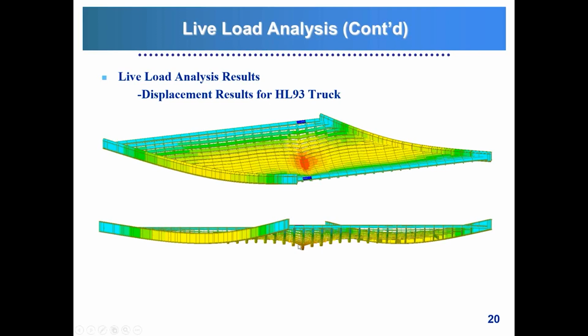So here we can see, by the sudden change in the slope of the dummy elements from this point to this point, that there is a discontinuity in the bending stiffness at that point, and that's actually where our expansion joint is located.